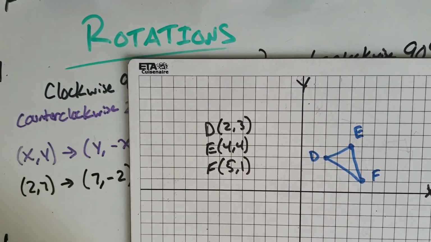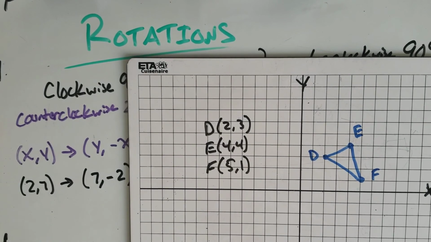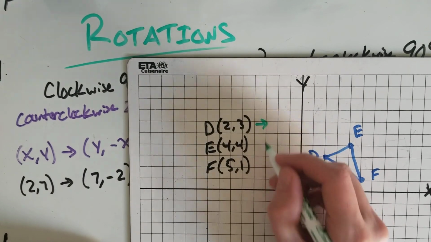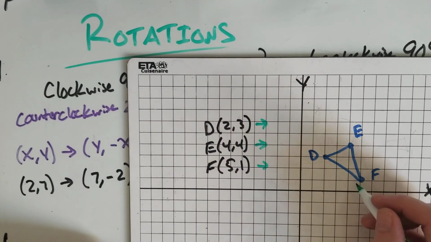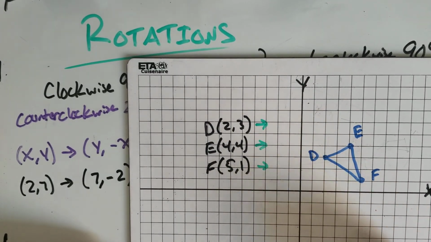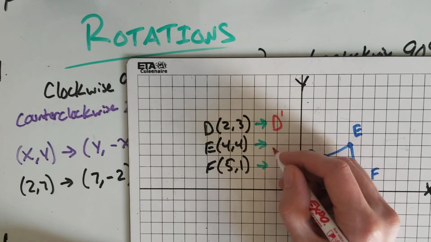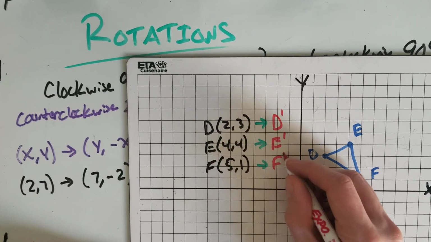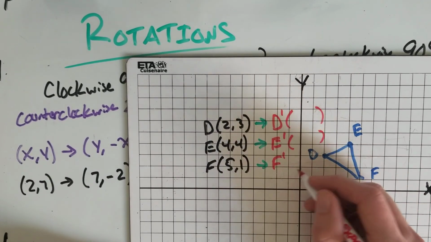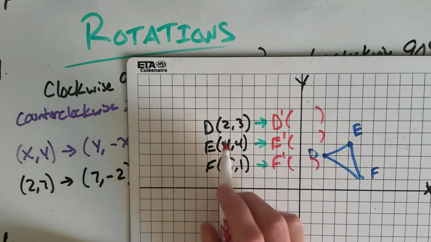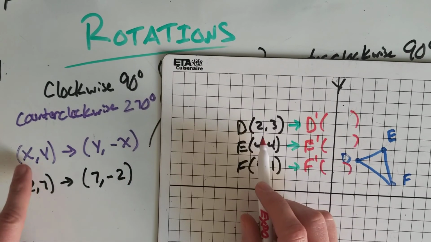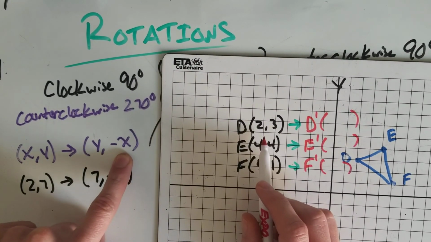If we're going about the transformation of a 90 degrees clockwise, that means we're going to end up, again, somewhere in this area. We should be expecting the triangle to go down here. Let's go in red. So what's going to happen with all of our primes here is, going back to our rule, your y becomes your x, and your x is going to change signs and become your y.